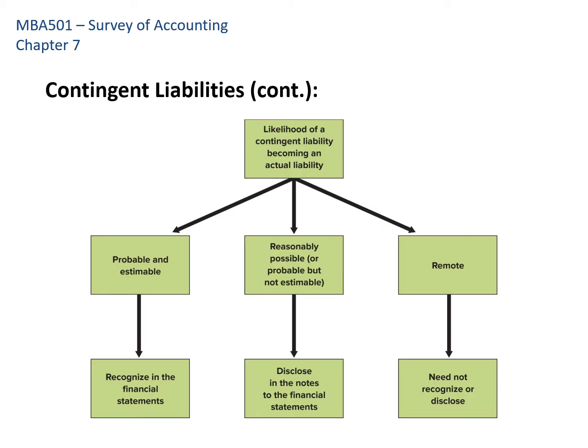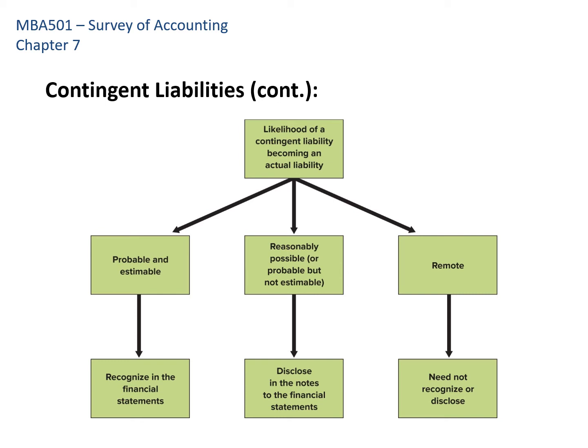So the way that flows is if the contingent liability is both probable and we can estimate it. Say we've been sued this year and we look at it and say, yeah, we're going to have to pay out a settlement because we were in the wrong in this case. And we can estimate that we're going to have to pay out $10,000 at some point in the future. Our lawyers told us that's probably what it'll be. So that would fall in that far left column.